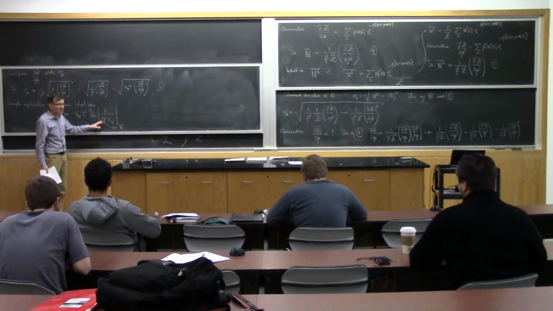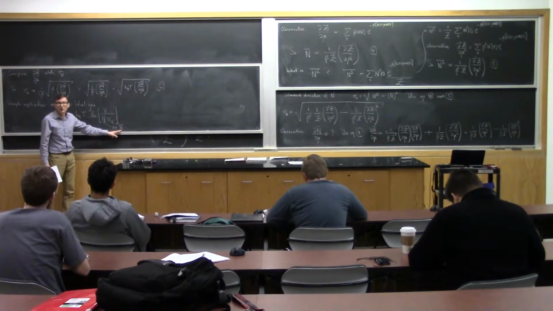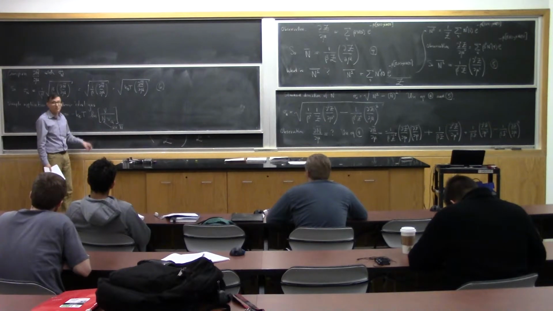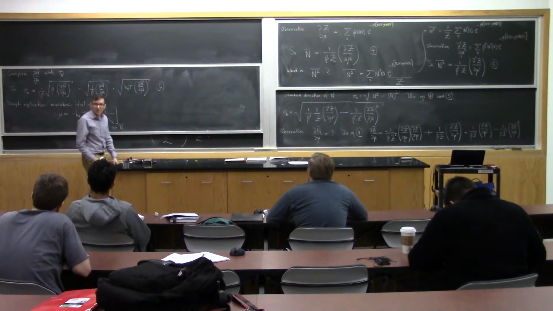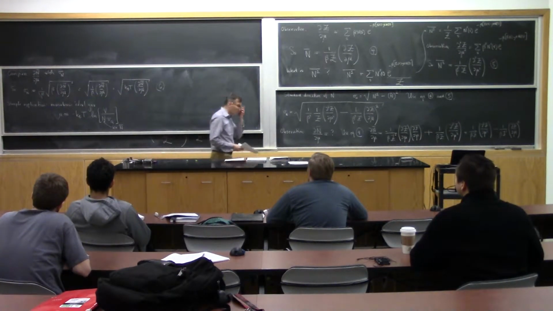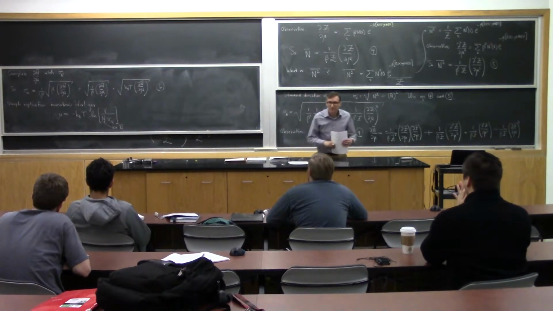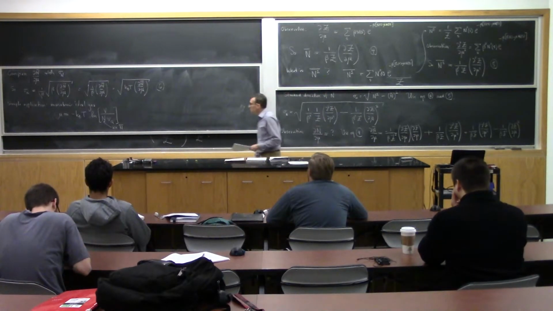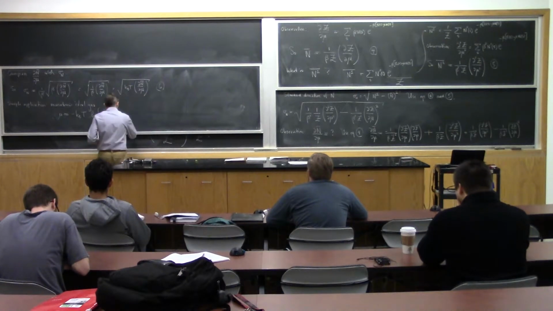If the fluctuations in particle number about the average are small, then that's a reasonable substitution to make. The number of particles is pretty much always the average value. So I'm going to put an N bar there, and then I'm just going to solve that expression for N bar.